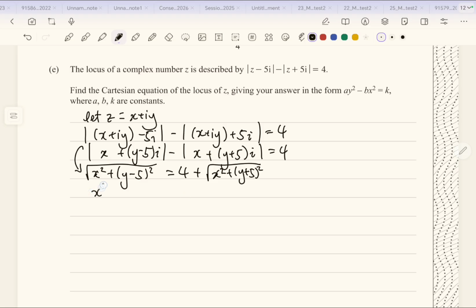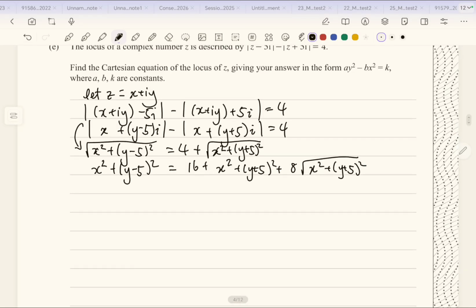Squaring the left hand side, we get x squared plus (y minus 5) squared equals, squaring the right hand side, we have 16 plus x squared plus (y plus 5) squared plus 8 times the square root of x squared plus (y plus 5) squared.